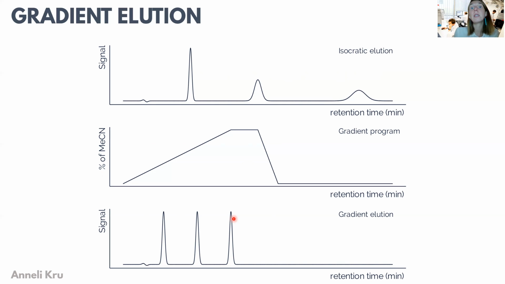So the signal to noise ratio is much higher with the gradient elution, usually for the late eluting peaks. In isocratic elution, it can very fast become questionable. Is that actually a peak, or is that just a slight blip on the baseline of the chromatogram? So gradient elution also usually provides us better signal to noise ratios.